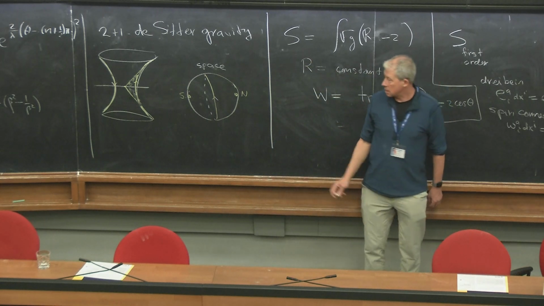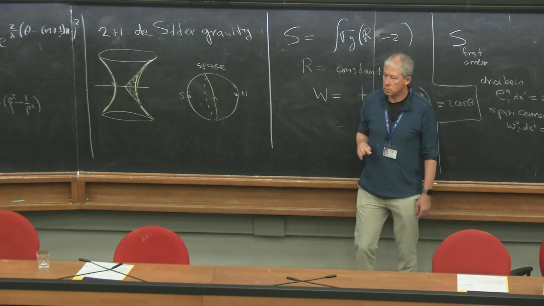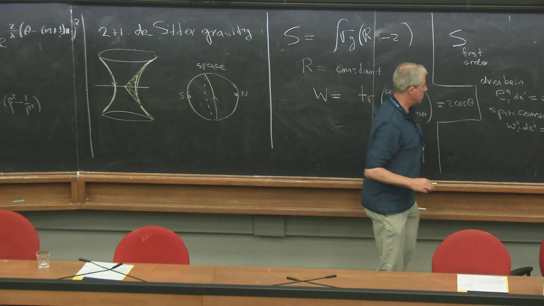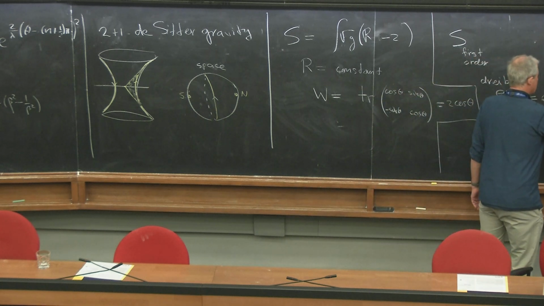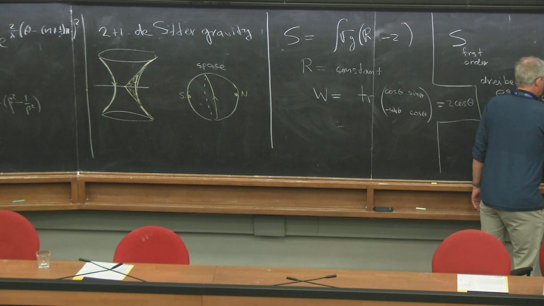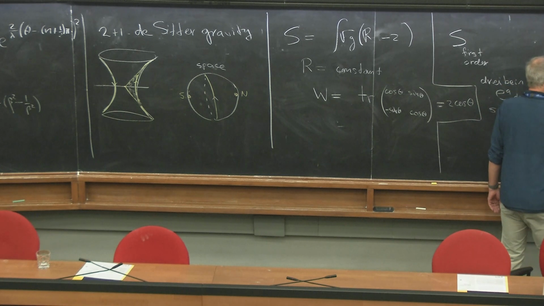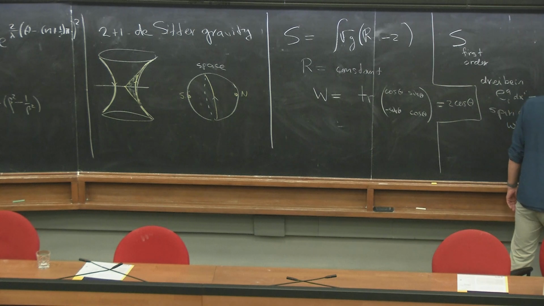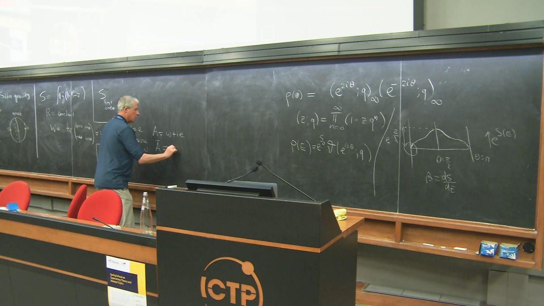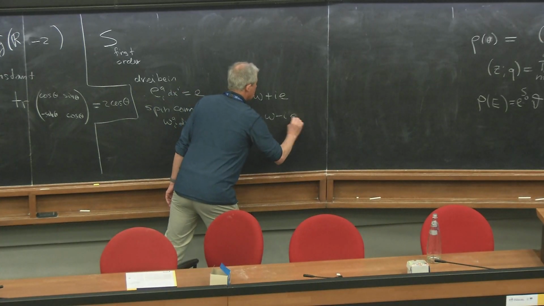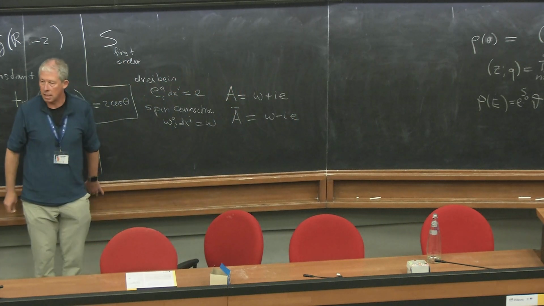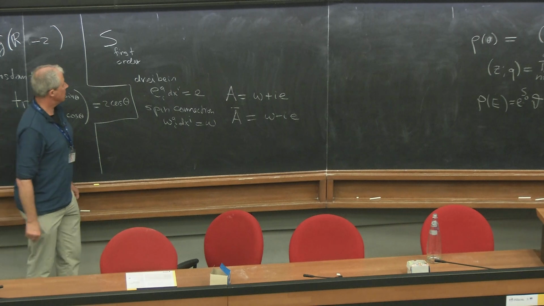And then it turns out that the Einstein action in 2 + 1, de Sitter gravity, is naturally written in terms of what in the end turns out to be essentially a complex gauge field, which naturally is obtained by taking these linear combinations between omega plus iE and omega minus iE.